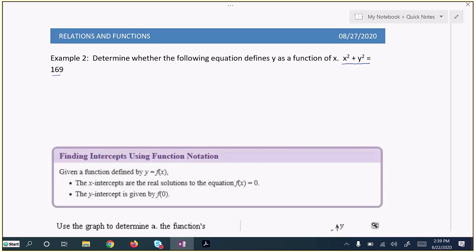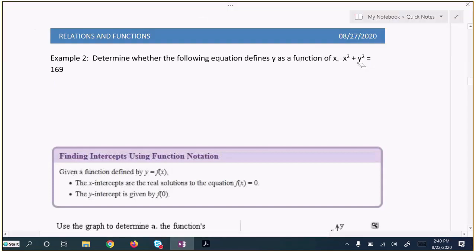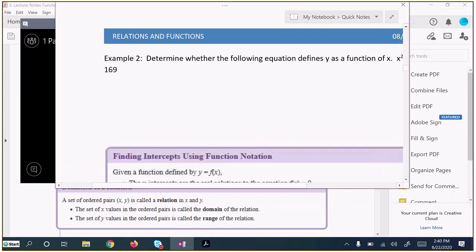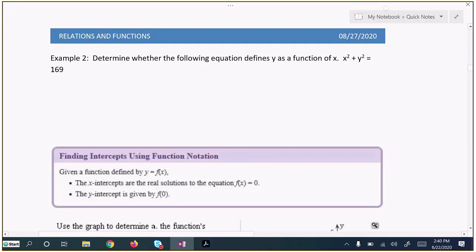So we know it will define y as a function of x if for each x in the domain there is exactly one y in the range. Let's see if we can figure out if that's true. So first I'm going to try to solve this equation for y.